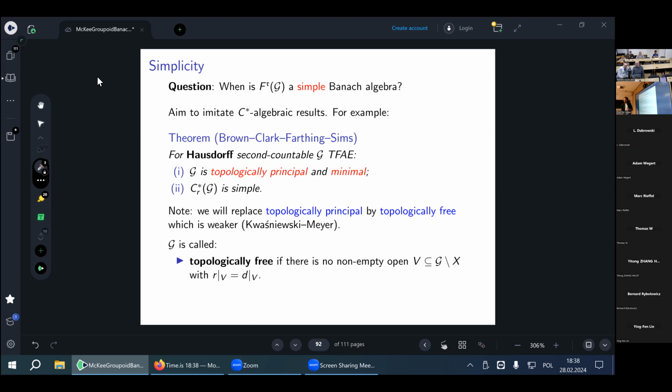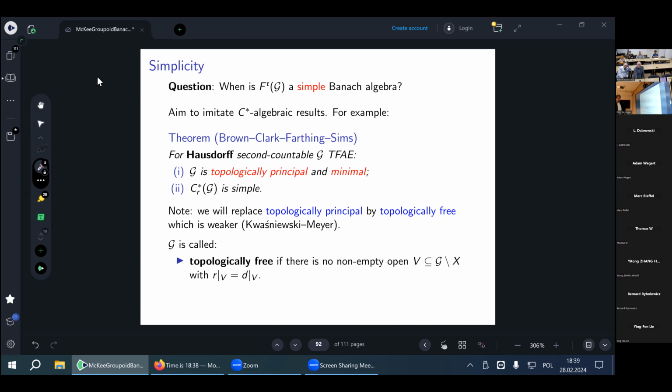So the definition: topologically free means there's no non-empty open set that doesn't meet the unit space on which the range and source maps agree.